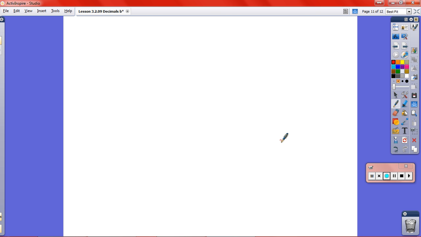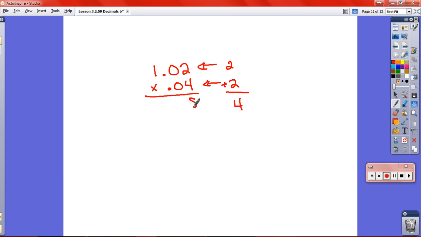Let's do 1.02 times 0.04. So there are 2 decimal places and another 2 decimal places, so there should be 4 decimal places in the answer. 4 times 2 is 8, 4 times 0 is 0, 4 times 1 is 4.